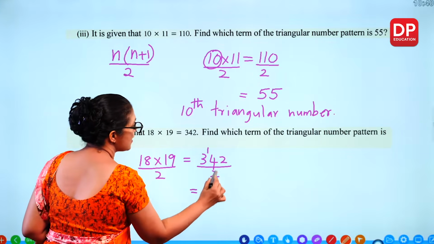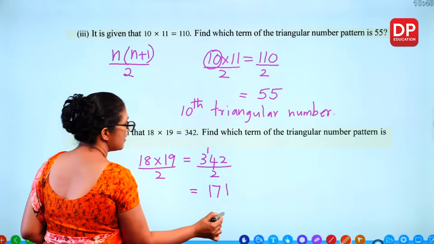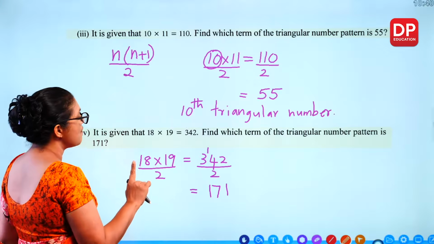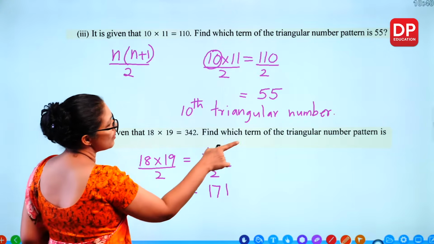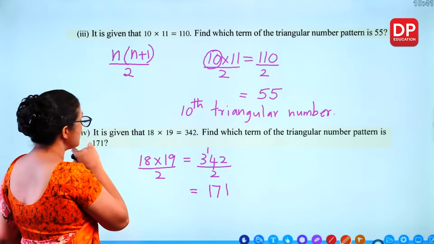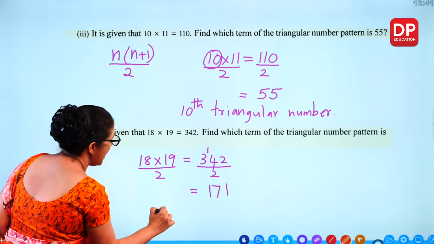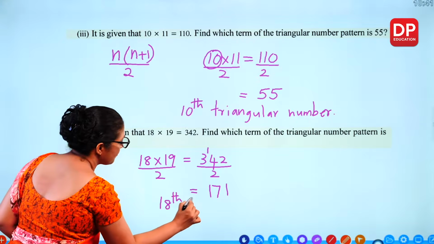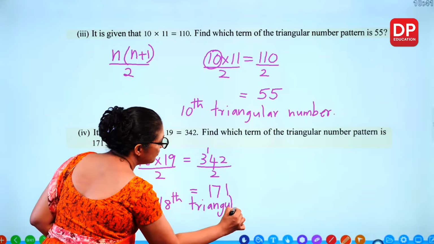For 17, that's for 14, that's 7 and 1. So 171 you are getting for the 18th triangular number. So they are asking which term is 171. That's the 18th triangular number.